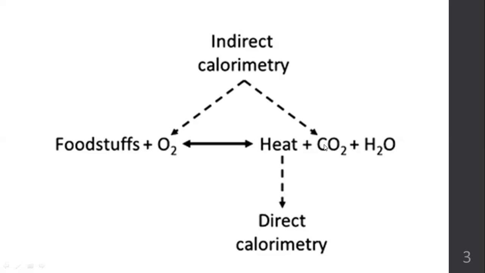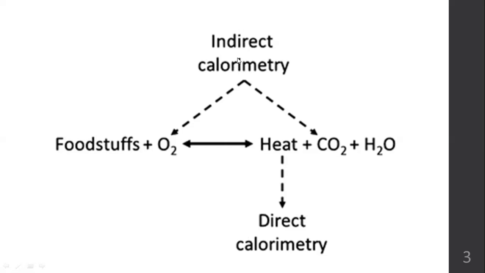Carbon dioxide as well, because you exhale it out. You give in oxygen, you give out carbon dioxide. Water as well, through sweat, through urination, through excretion. Water is also produced in your body. So what do indirect calorimetry and direct calorimetry measure?